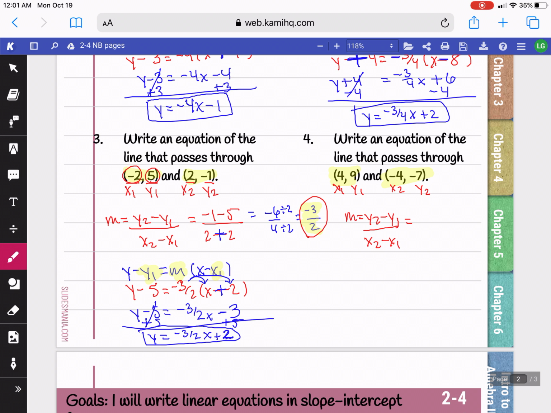So I get y2 minus y1 is negative 7 minus 9. x2 minus x1 is negative 4 minus 4. This becomes negative 16 over negative 8. If we simplify negative 16 over negative 8, our slope is a positive 2. So now we know our slope and our x1, y1, we can use point slope form.